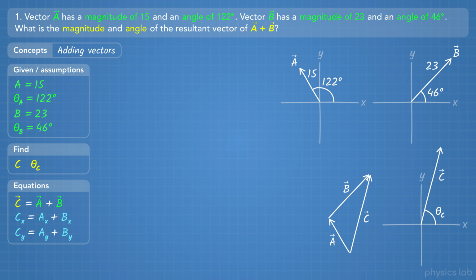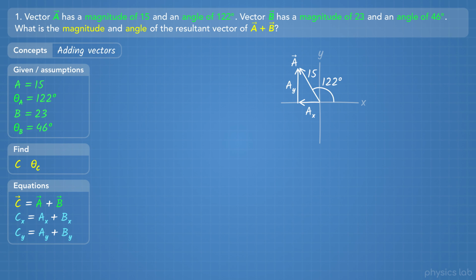So first, let's find the components of vector A. Let's start by using the 122 degree angle that we're given. We learned that the x component, Ax, is equal to the magnitude, A, times the cosine of theta. We plug in 15 for A and 122 degrees for theta, and we get negative 7.95.